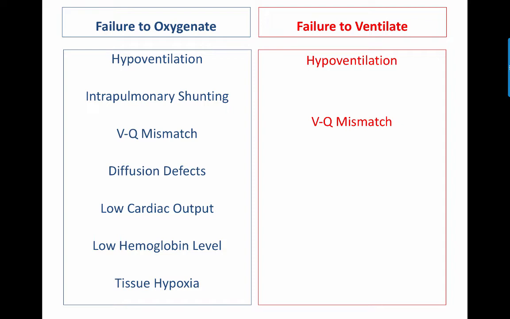So why do we hypoventilate or have a hypoventilation syndrome? There are so many reasons it could be. So many times with hypoventilation, we really have to just simply identify and fix the problem.